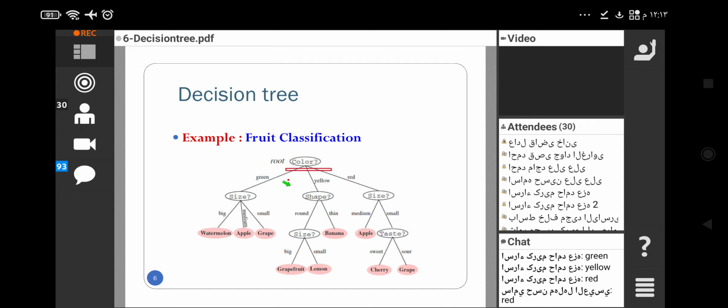Doctor, could one feature have more than one value? Yes, the feature color has three values: green, yellow, red. It has more than one value.